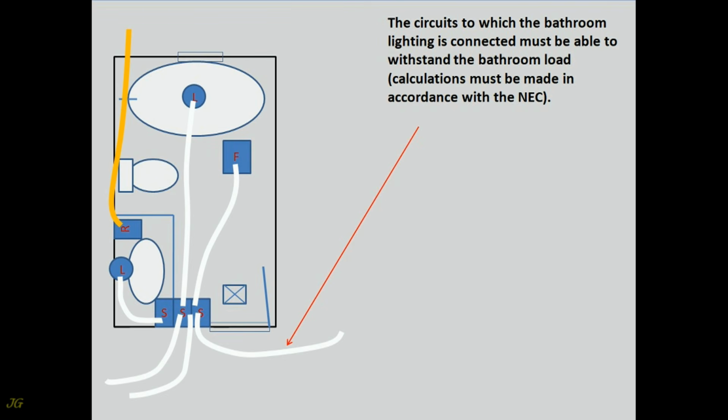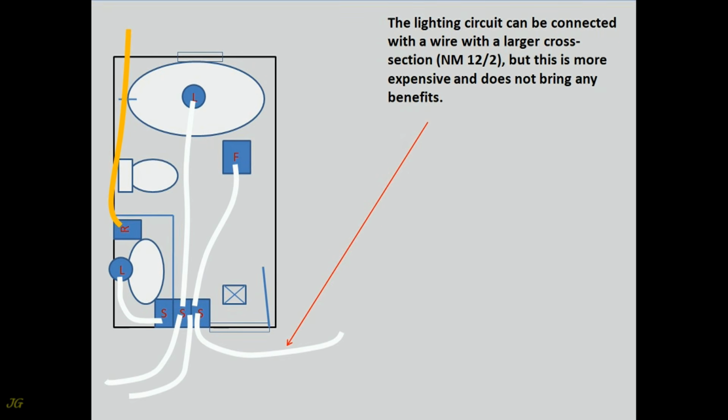Calculations must be made in accordance with the NEC. The lighting circuit can be connected with a wire with a larger cross-section, NM 12, but this is more expensive and does not bring any benefits.